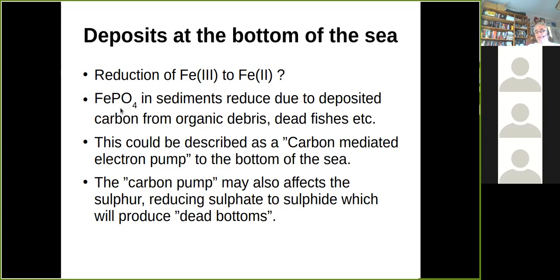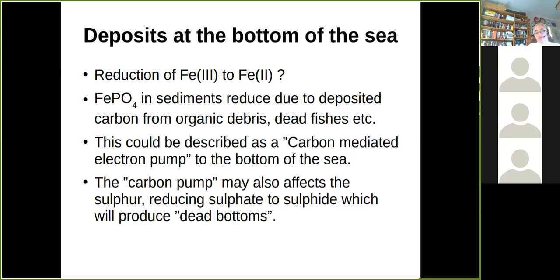If iron-free phosphate is somehow reduced due to carbon coming down in some state, some kind of debris or a dead fish or something like that, or as stated in the Dagens Nyheter today, that the waste, the feces from the fishes are actually an excellent carbon sink, that they act as a possible carbon deposition at the bottom of the sea.